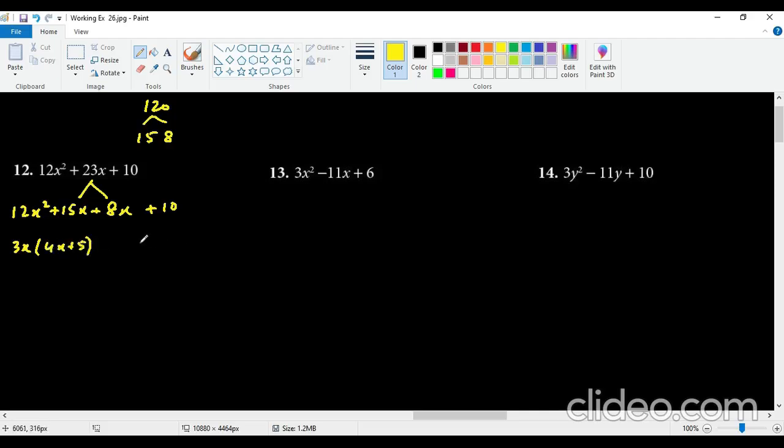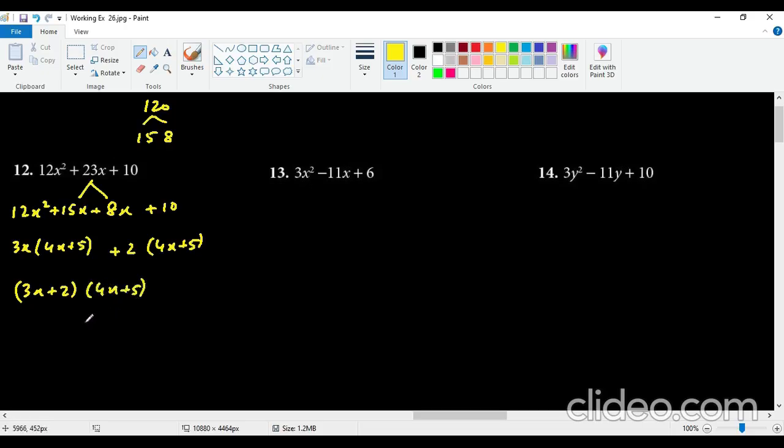Copy down this bracket once again, and look at the third term, which is plus 8x. I already have 4, so I will multiply by plus 2. So in here it's going to be 3x plus 2. 3x plus 2 will come in one bracket, and another bracket is going to be 4x plus 5.